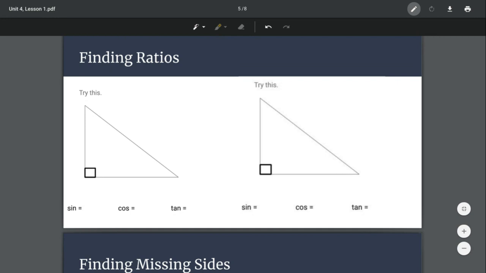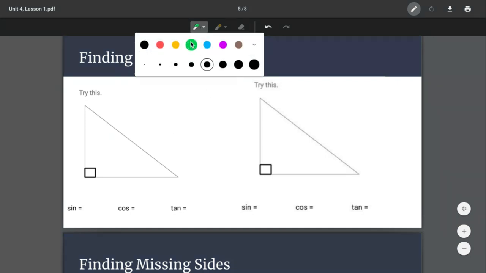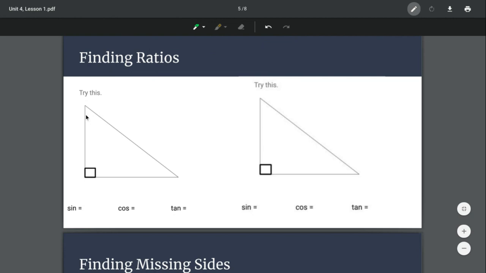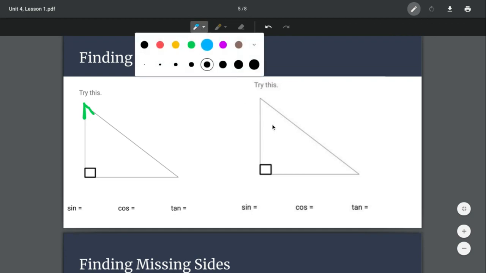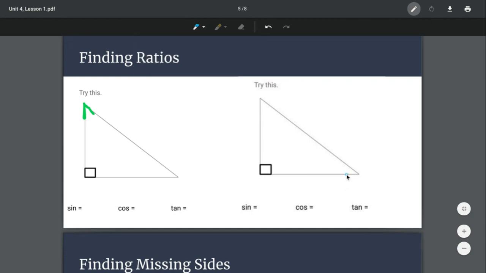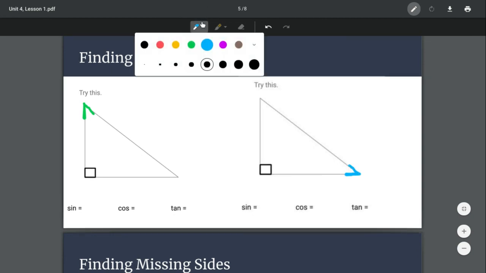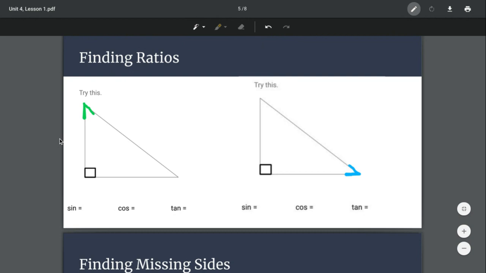Well, we do have to have a reference angle, and those are not in here, so let me add them. Let's call the reference angle for this one this green angle, and the reference angle for this one will be this blue angle. Actually, the one with the blue angle is the one you're going to do after you find out how to do this one.